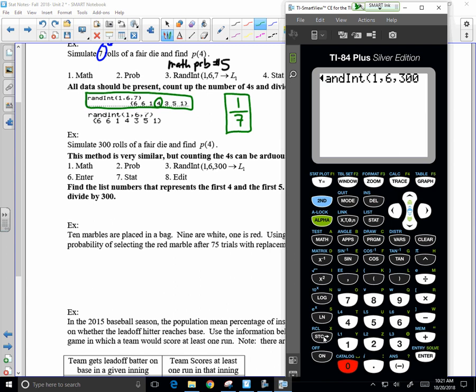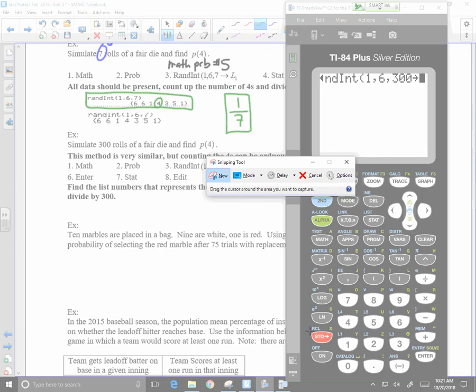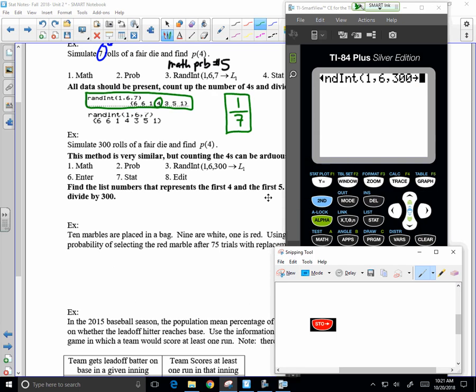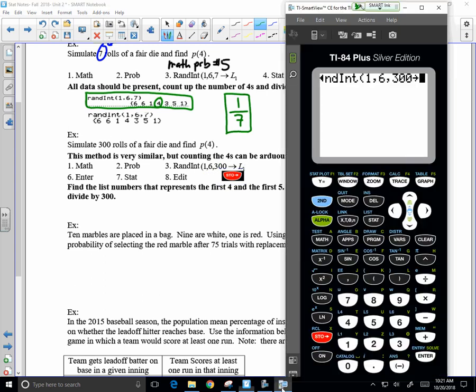That sideways arrow is the store key, which is right above on, STO with the sideways arrow. All right, so that's your store key. So 1 comma 6 comma 300, and I want all that stored into L1, which is the second one.